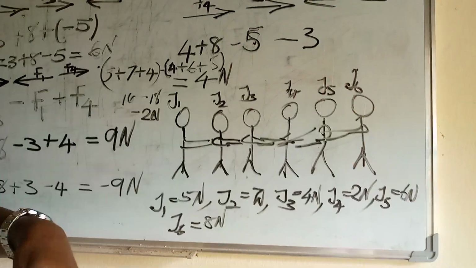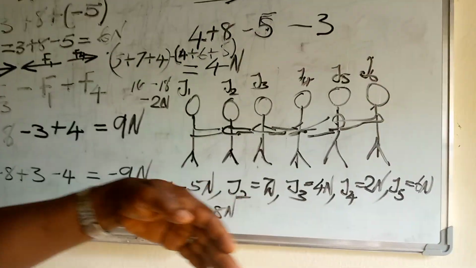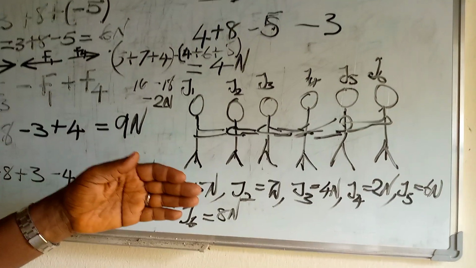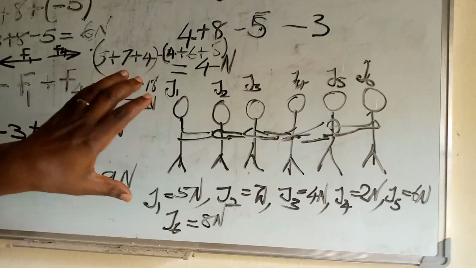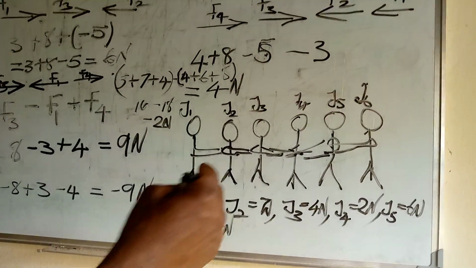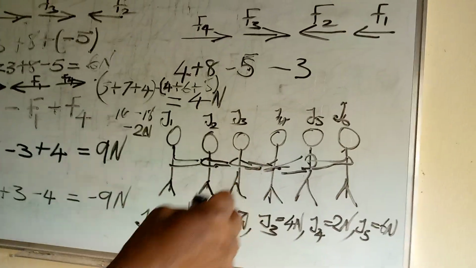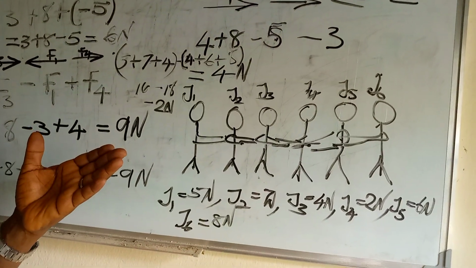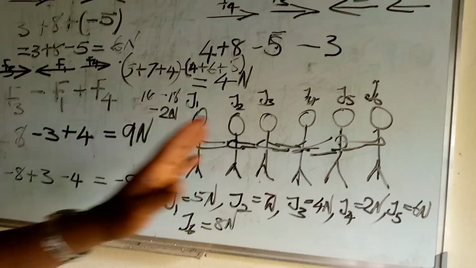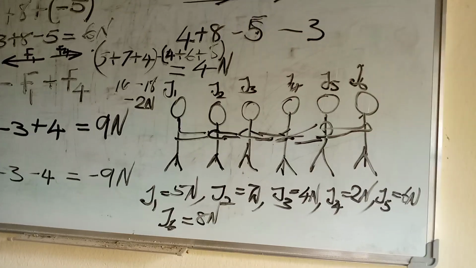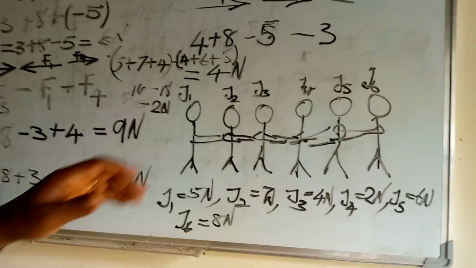Immediately action is more than reaction, or reaction is more than action, there won't be equilibrium. So in this case, let's take the action as those in the group of J1, J2, J3, and the reaction as J4, J5, J6. We saw that the reaction was more than the action, and that's why there's no equilibrium. And the reaction will win this contest.